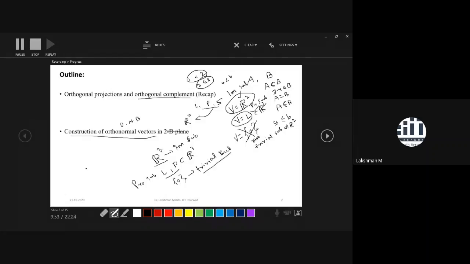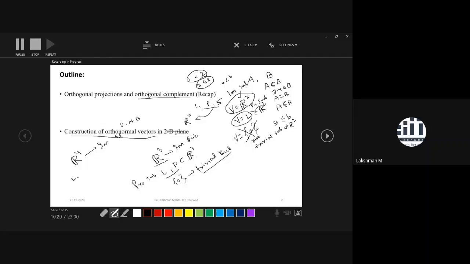If you go to R4, what are the possible subspaces in R4? R4 itself is an improper subspace of R4 because R4 is equal to R4. Every element of R4 is in R4, and R4 is a linear space. What are the proper subspaces in R4?